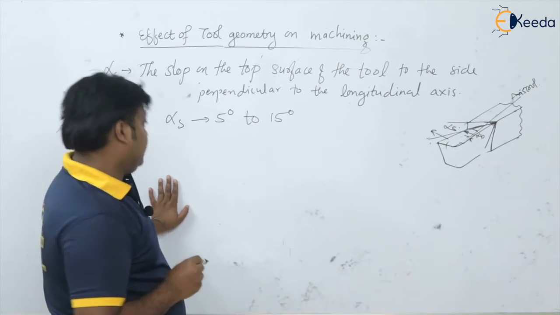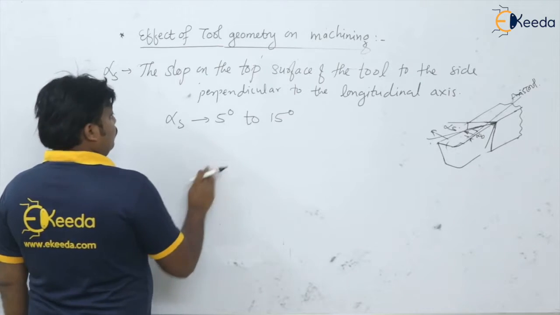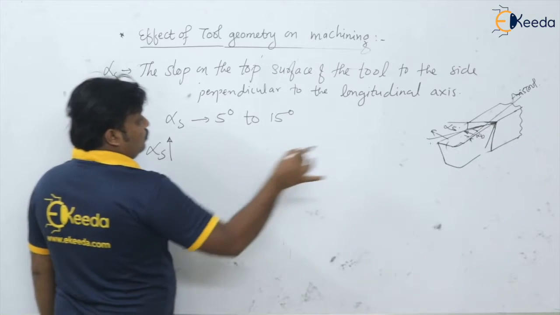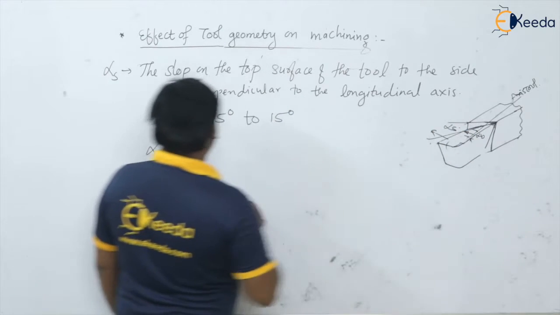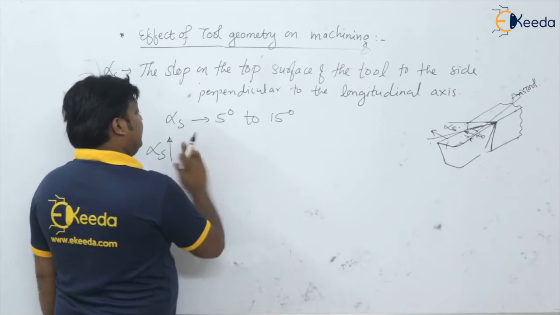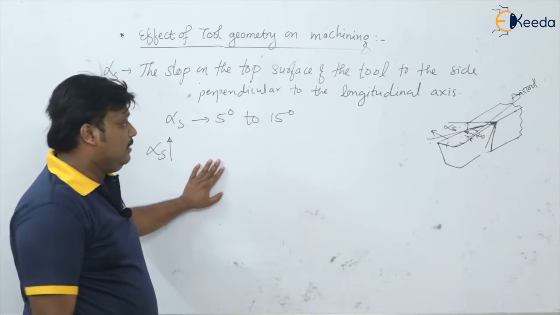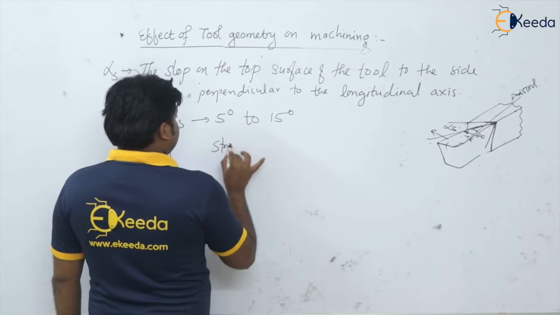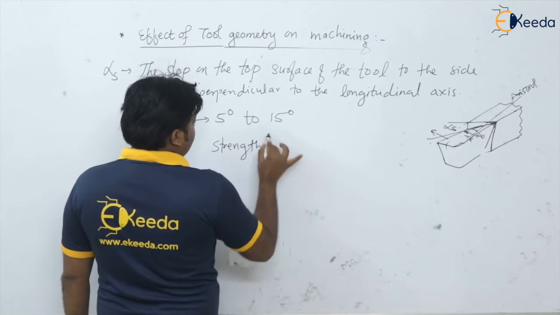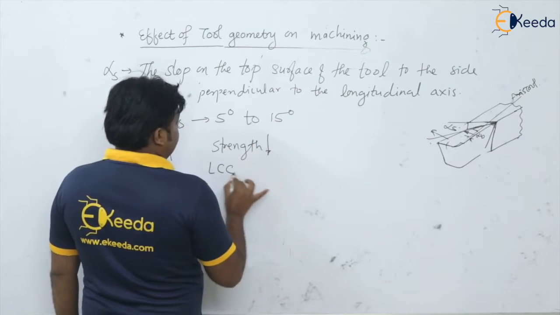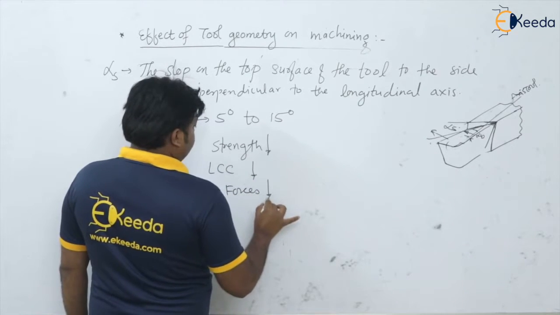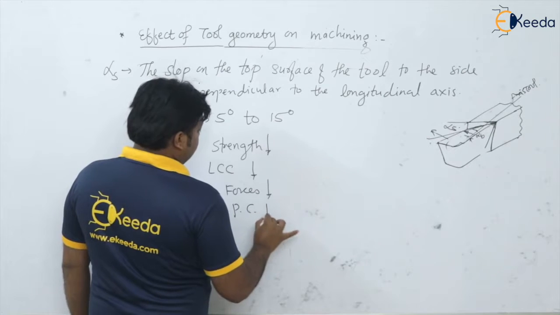Now what are the effects? Okay, as the side rake angle goes on increasing, if you increase the side rake angle, what will happen? Again the same effect like the rake angle, back rake angle. Only the thing is that, see, if this increases, strength of the tool decreases, load carrying capacity decreases, forces decrease, power consumption decreases.